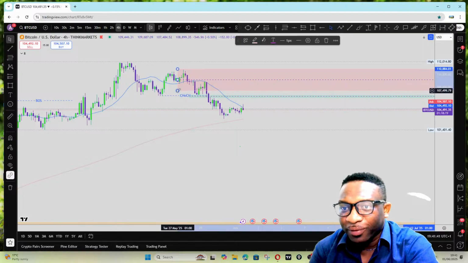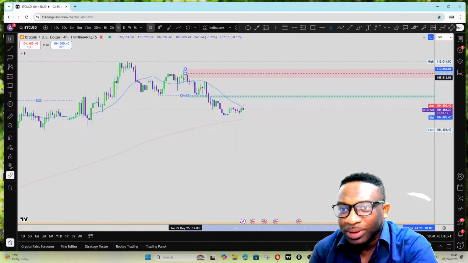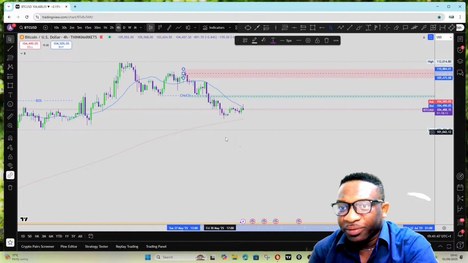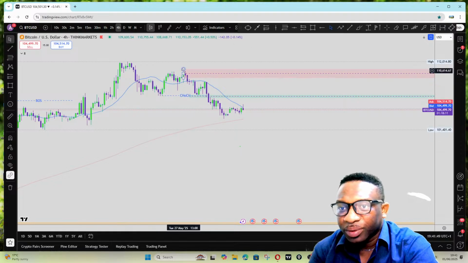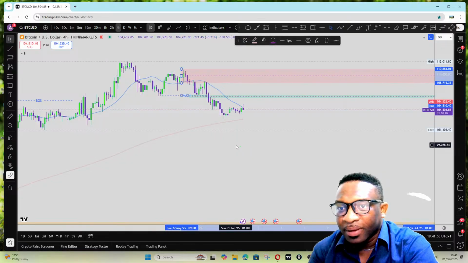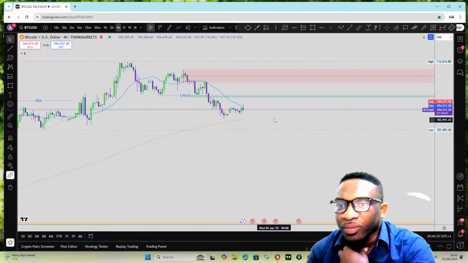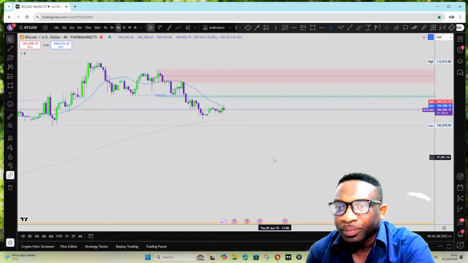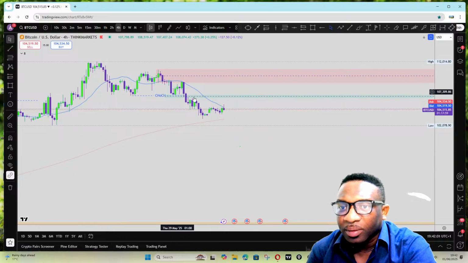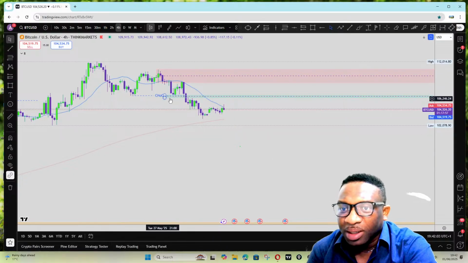So over here on the 4-hour we can refine it to this candle here, or perhaps this one, because this is the last candle before the down move. And then the imbalance area, we can also refine it.